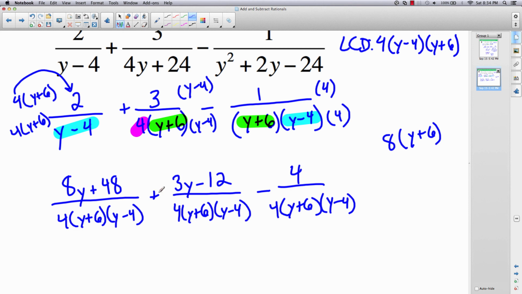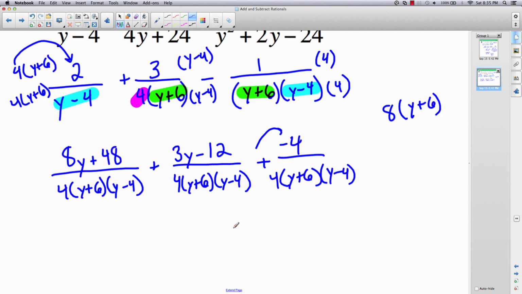Okay, now we are going to want to combine like terms. So I'm just going to distribute this negative sign, so I'll make everything addition. And let's combine like terms. So 8y and 3y, that is 11y. 48 minus 12 is 36. 36 minus 4 is 32.